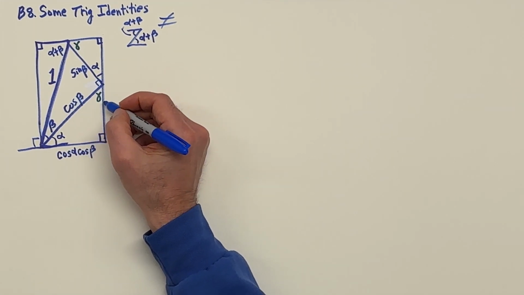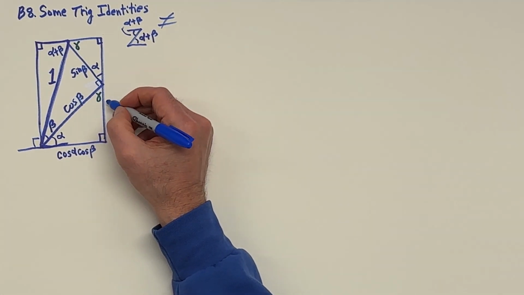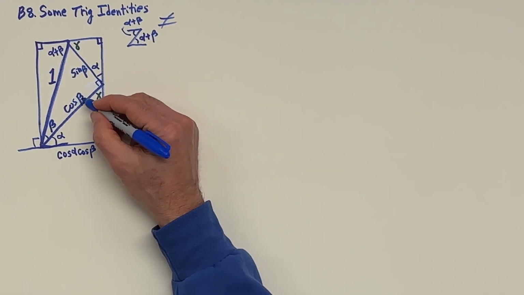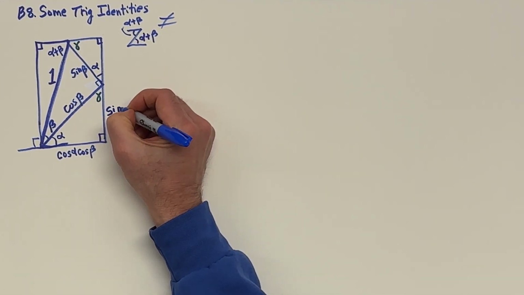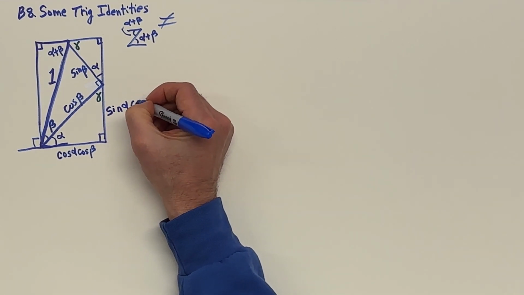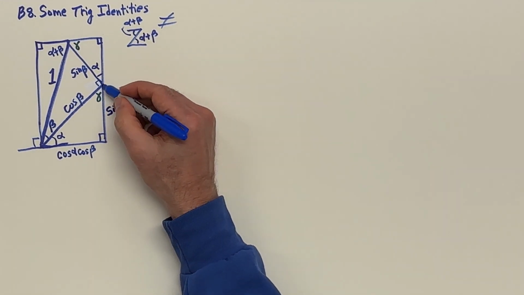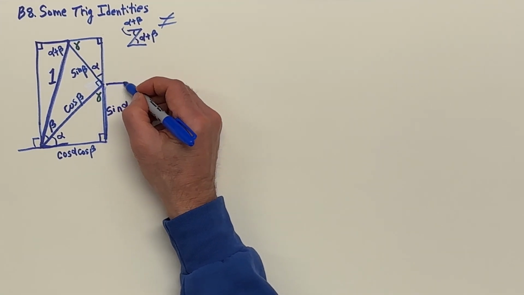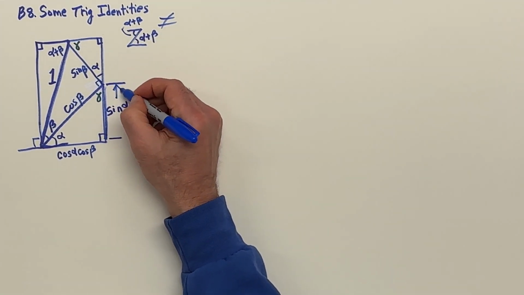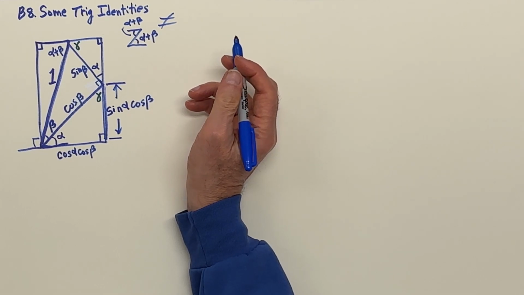All right, now if we look at this side over here, this would be the cosine of beta times the sine of alpha. I'll put the sine of alpha first. Sine of alpha, cosine of beta. That's this piece here. All right, we can emphasize it by doing this and doing that.